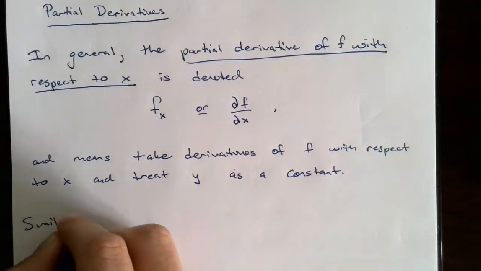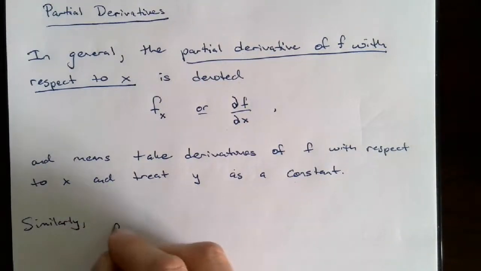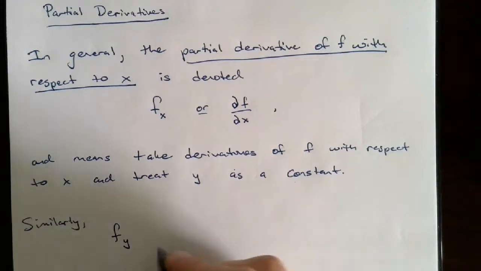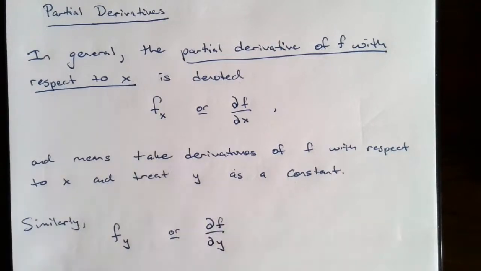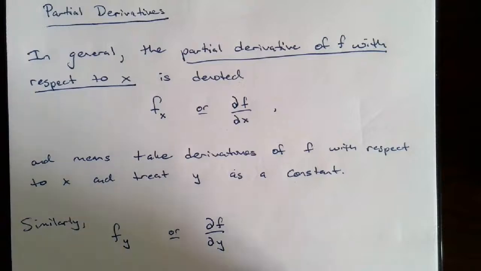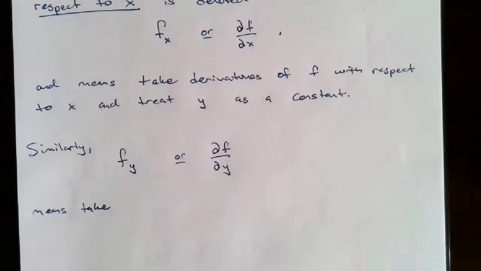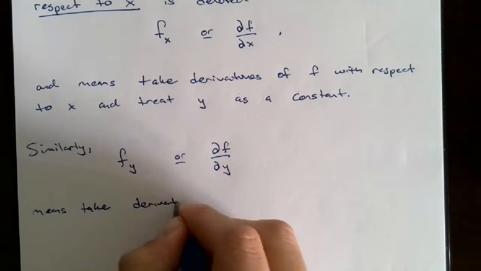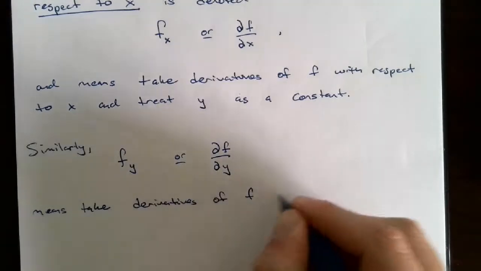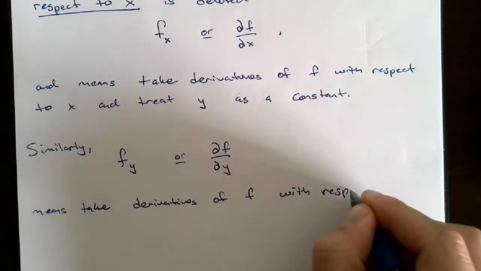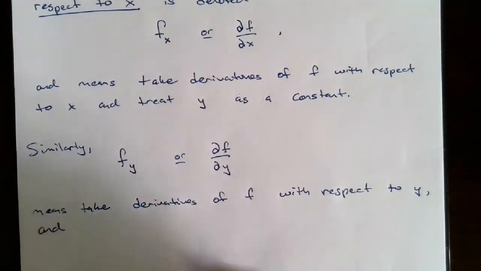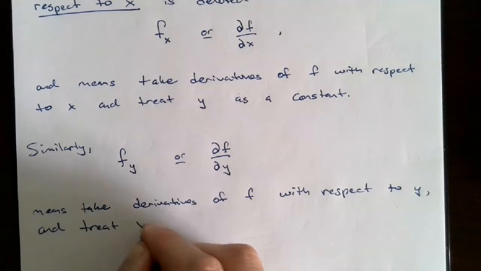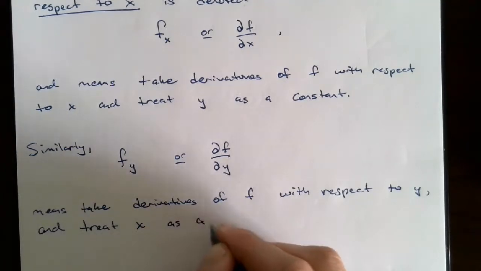Similarly, if we had f with a little subscript y, or in the Leibniz notation df dy with those curly d's, this means take derivatives of f with respect to y and treat all other variables, in this case I'll just call it x, as a constant.